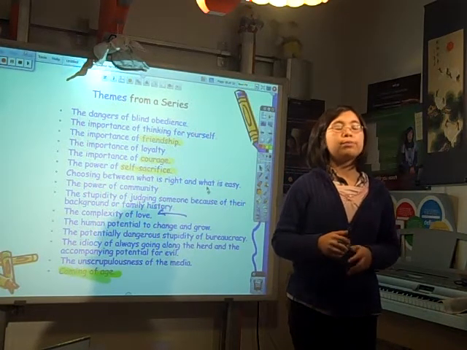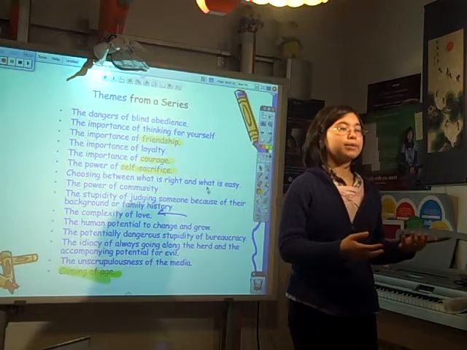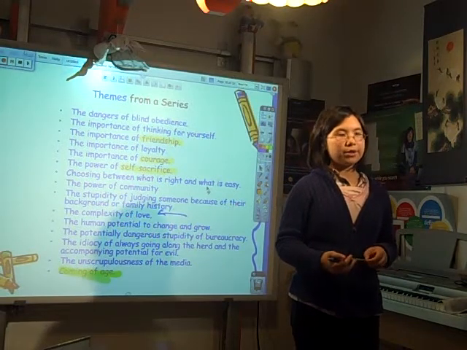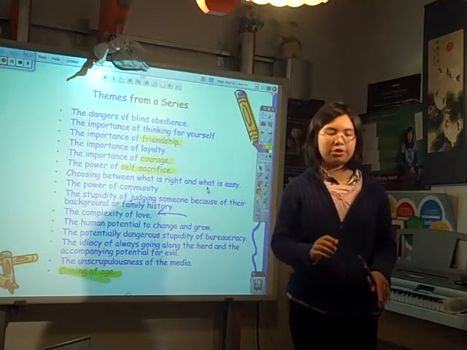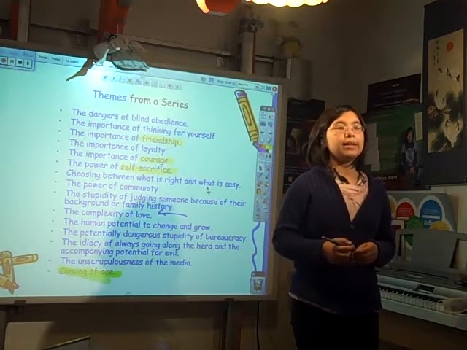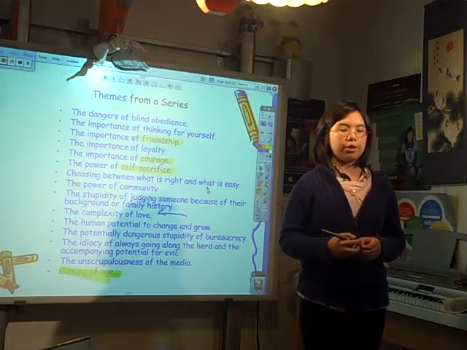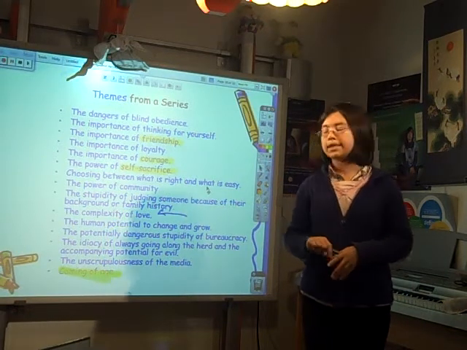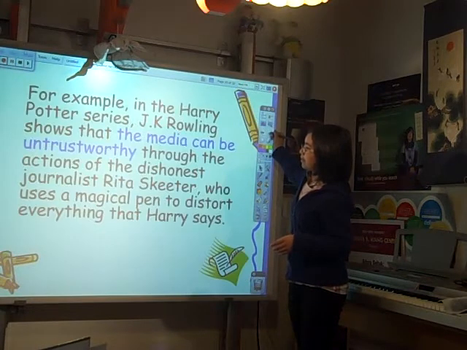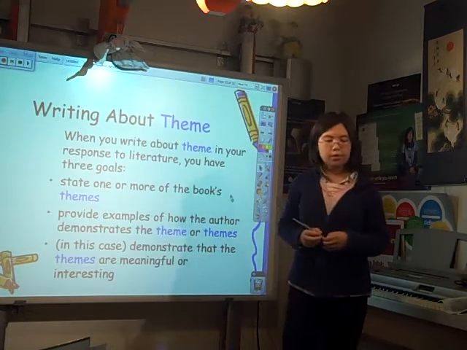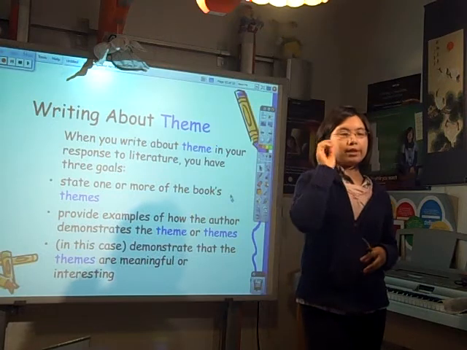So that would be choosing between what is right, to help someone else when they're being persecuted unjustly, and what is easy, to just turn your back. So that would be another theme that definitely has a role in your book. Very good. So you can use that example to back that up. Who else would like to give me an example from their book that supports their theme?